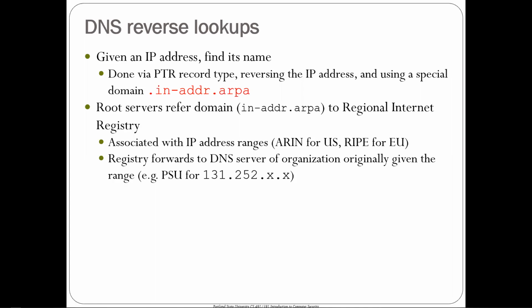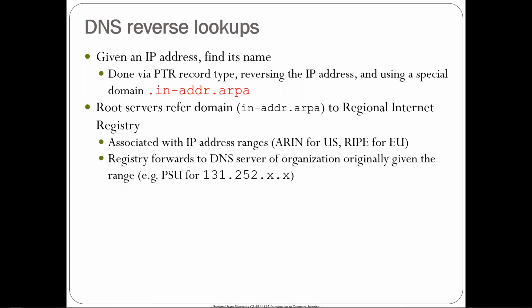When someone does an in-addr.arpa DNS query, these map to the regional internet registries that record all of the organizations who have set up pointer records for the IP addresses they were given. So this is done ahead of time.